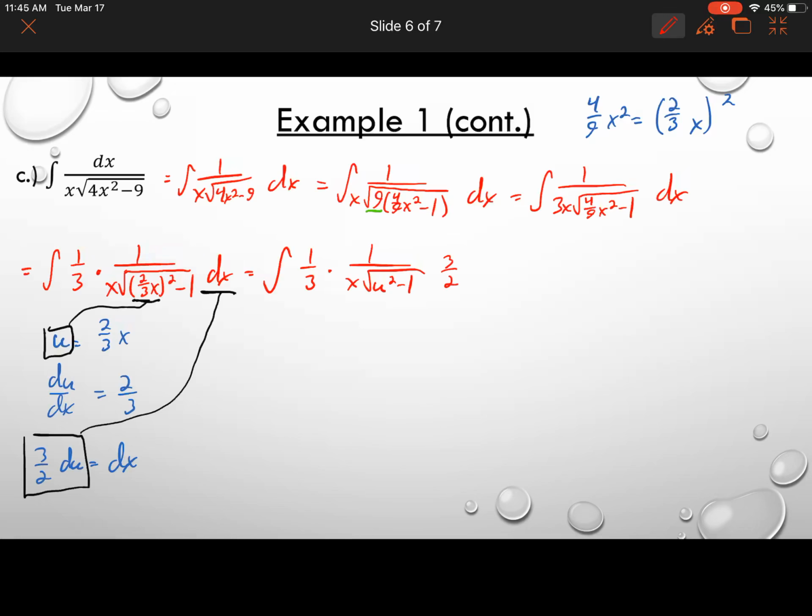I'm sorry, 3/2 du. All right, so let's see what we have here. The tricky part is, if you notice here, something different happens. We still have an x in here, which is a little bit annoying.